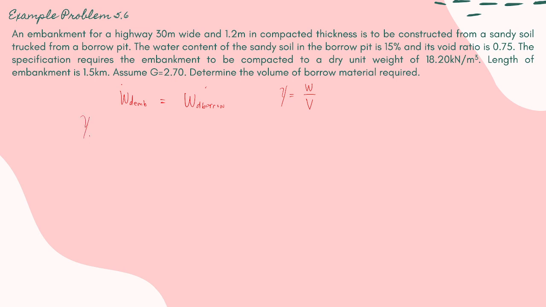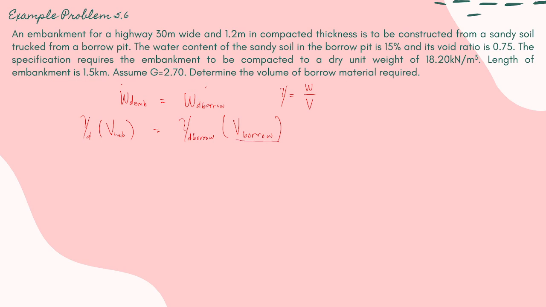So this is the specified dry unit weight times the volume of the embankment, and this is the dry unit weight from the borrow times the volume of the borrow. We are looking for this one.